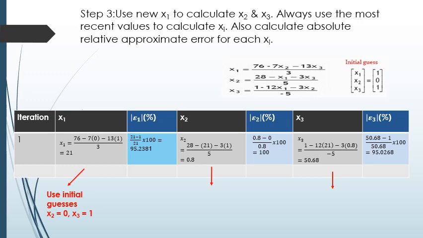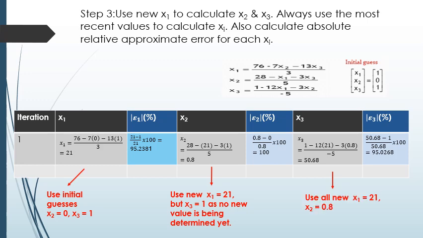Next, for the root x2, we use the new value of x1, but we still use the old value, or the initial guess, of x3 because there is no new value of x3 being determined yet. As for the estimation of root x3, we can use all the new values.